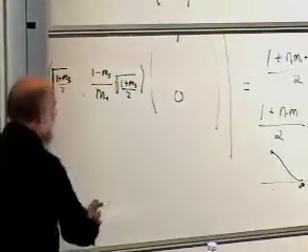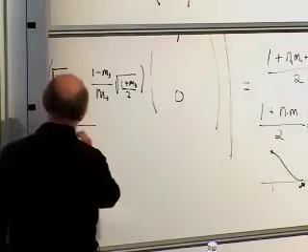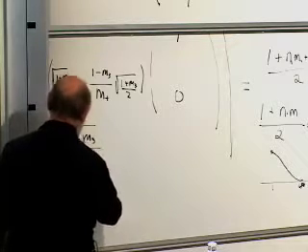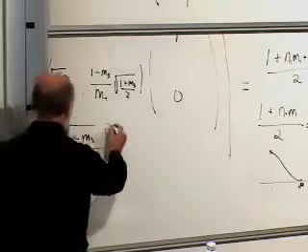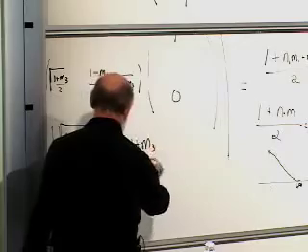So the probability amplitude, the thing that you square, is just the square root of (1 plus m3) over 2. We square it, and what do we get? We get (1 plus m3) over 2.